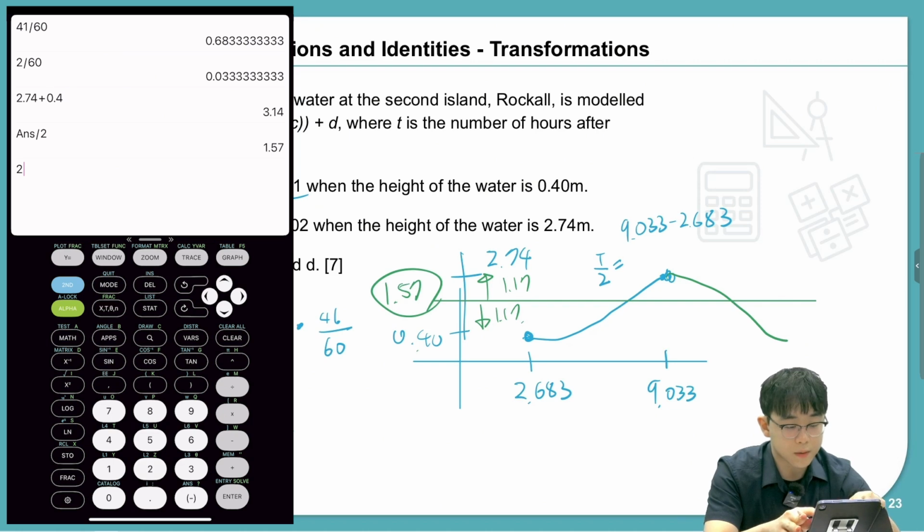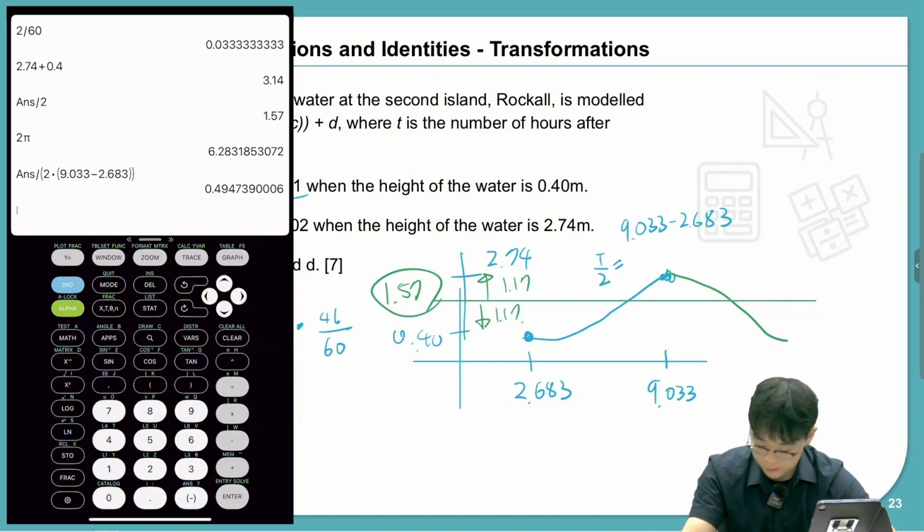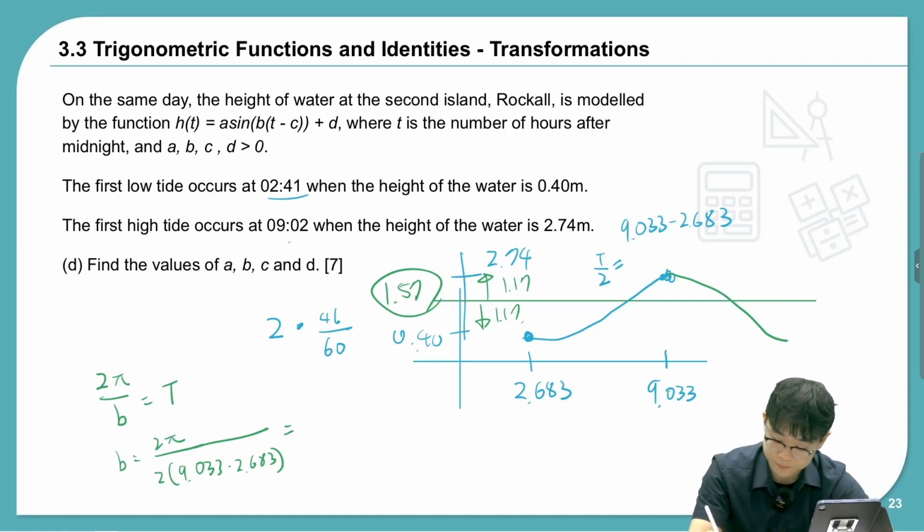So if you do 2 pi divided by 2 times 9.033 minus 2.683, that's like 0.49. So B is going to be 0.495, right? So that's what we get for B.